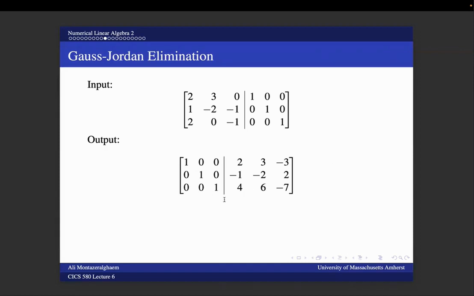If we cannot make an identity matrix on the left side, we cannot get the inverse of the matrix, which means that the inverse of the matrix doesn't exist.